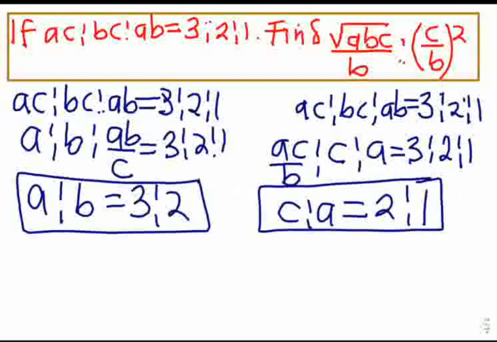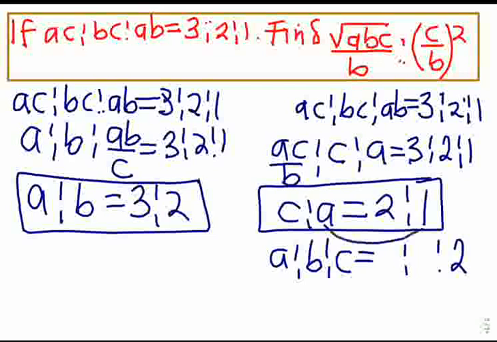I want to retain the ratio of C to A as 2 to 1. So let me write A to B to C here. My C is equal to 2, so I'm putting 2 here as C. My A is equal to 1. I'm putting 1 here. So this space left is for B.